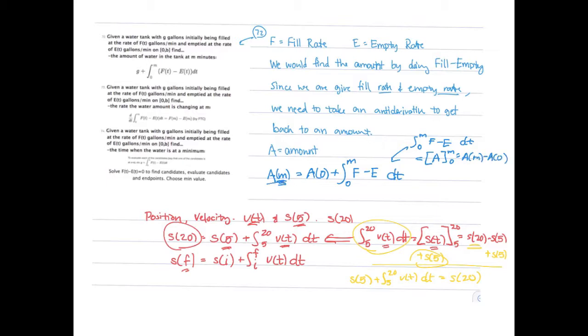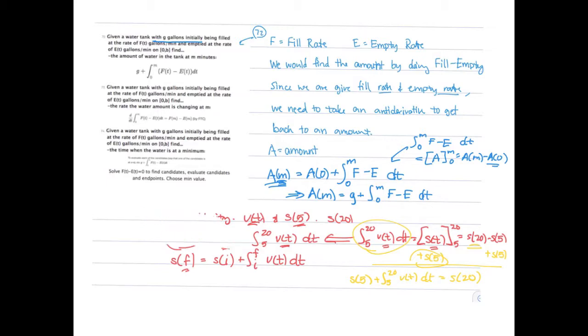So if I want to solve for A of M, I need to remember to move this A of 0 over to the other side. I need to consider where I started. And they told us in this problem that we have G gallons initially. And so that means that A of M is equal to G plus the integral from 0 to M of F minus E dt. And this is extremely important.